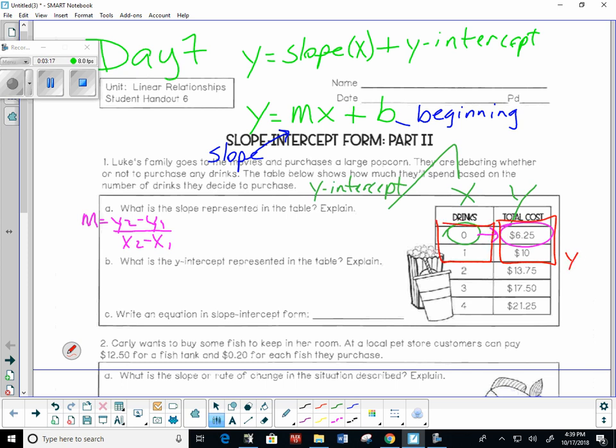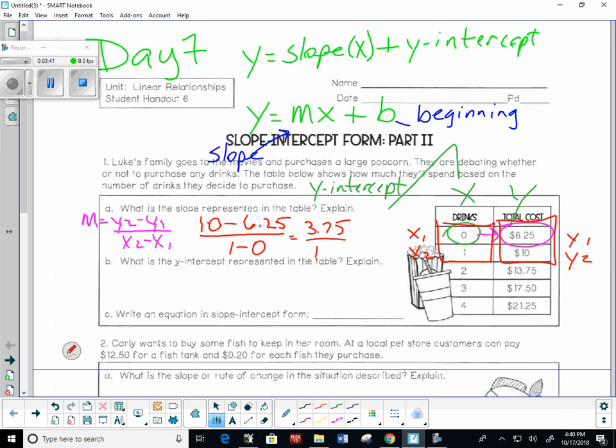I'm going to call this y2, y1, so I'm going to have to call this x2 and x1. Okay, so we're going to take 10, subtract out 6.25, that's 6.25, over 1 take away 0, and that should give us $3.75 over 1.